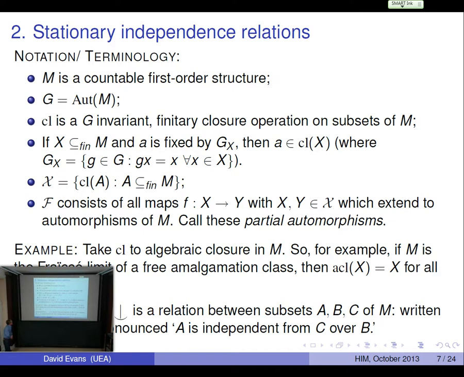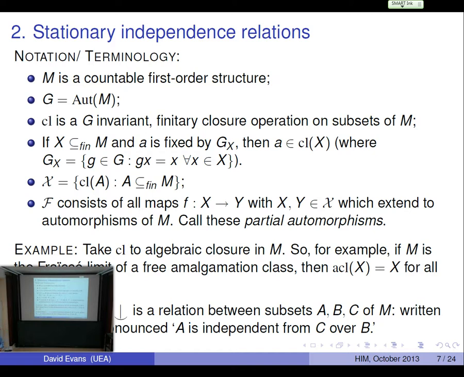Okay, so the next slide contains the axiomatics for this notion of independence. What it is, it's going to be a relation between subsets of M, and it's going to be written like this. So this is pronounced A is independent from C over B. If you want something to hold in your mind whilst we're doing this, you could imagine that it just means B contains the intersection of A and C, or something like that.